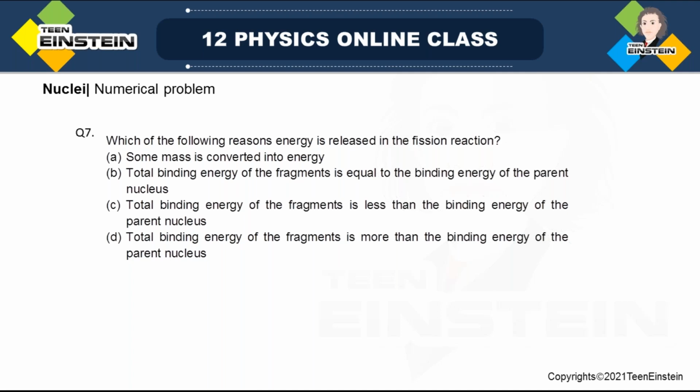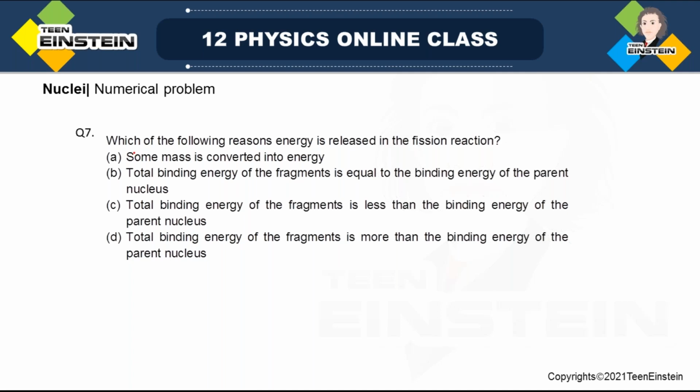In both cases, what happens? The binding energy increases. What do you mean by binding energy increases? It means they lose some mass. The fission product has lesser mass than the reactants.